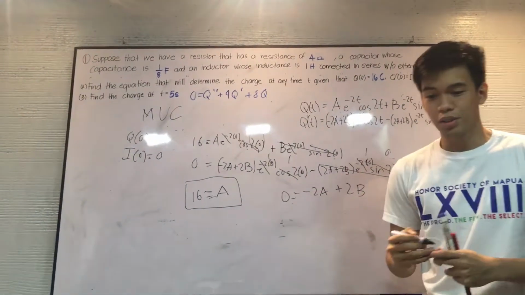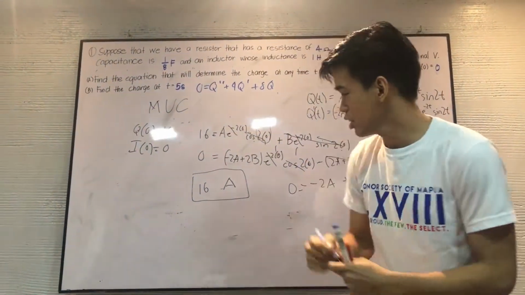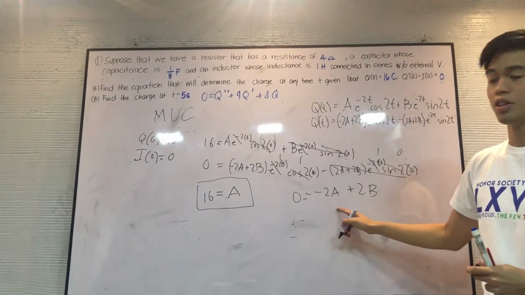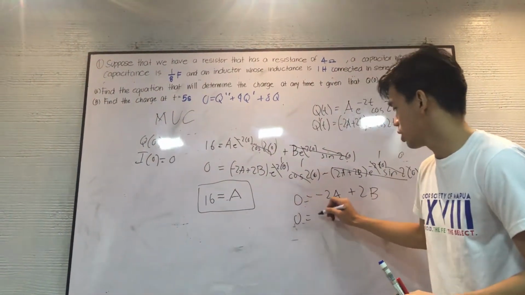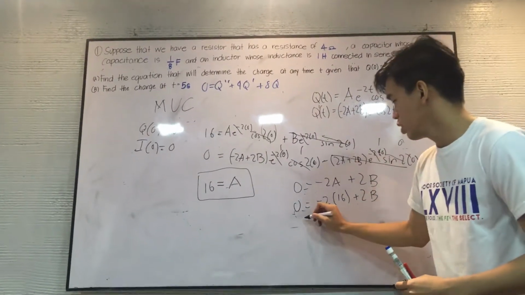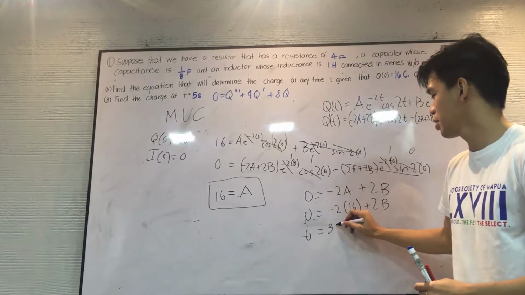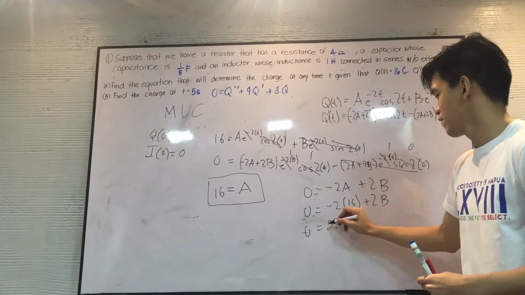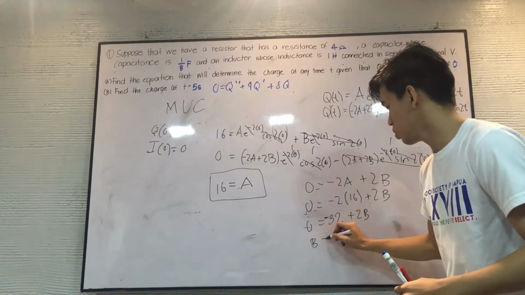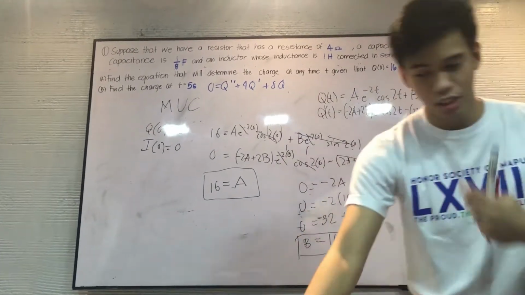Now, since we have a given a here, one coefficient, which is 16, we can substitute it into the other equation. It becomes negative 2(16) plus 2b. Then, using algebraic methods, we can say that b is equal to 16. There we have it.